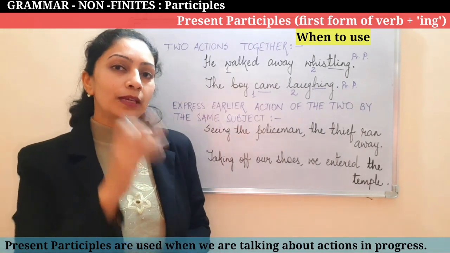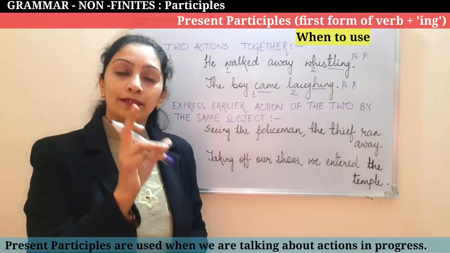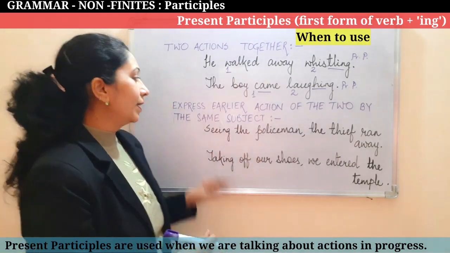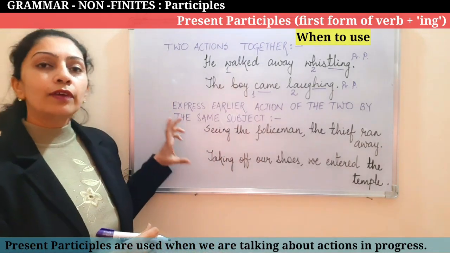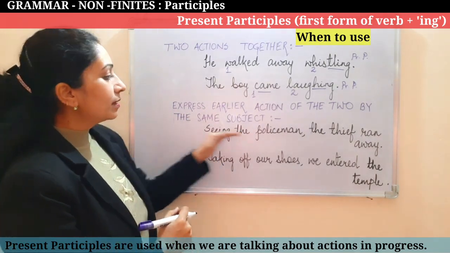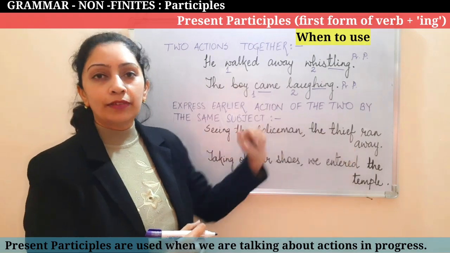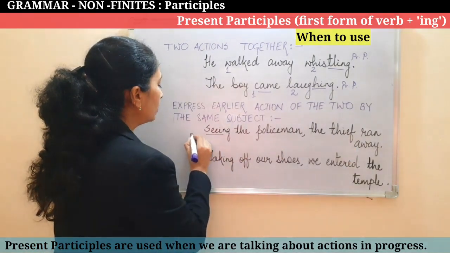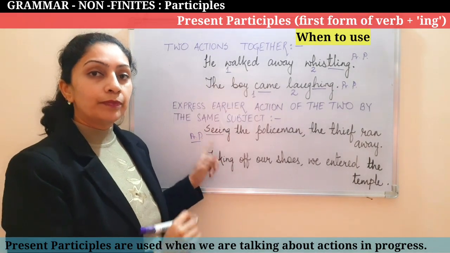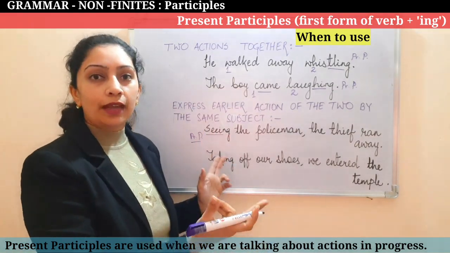But what happens when one action is already in progress and the second one also starts? So let's see. In such a case, we will have a common subject displayed by a present participle. Seeing the policeman, the thief ran away. Seeing here is a present participle. It acts like a subject, but here again we have two actions.